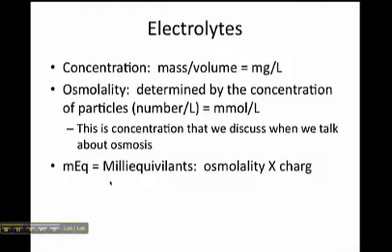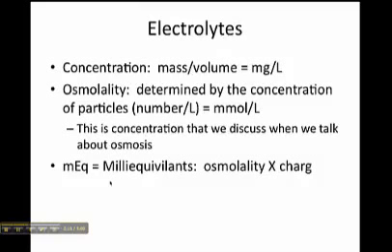So when we talk about electrolytes, we can talk about them as their concentration. This is the mass per volume. And so what this means is that a small electrolyte would have a lower concentration than a large electrolyte if you had the same number of them. So if you had 10 hydrogen ions, that would be a smaller concentration than 10 calcium ions would be because the calcium is bigger.